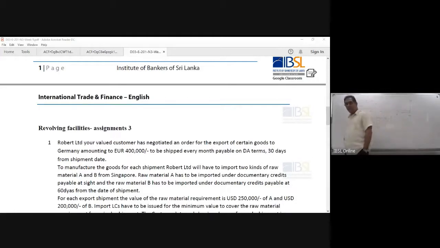Therefore, the user's bill will fall due for payment 60 days from the date of receipt of documents.